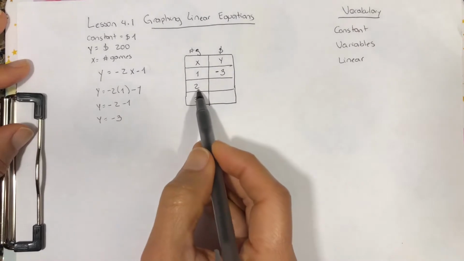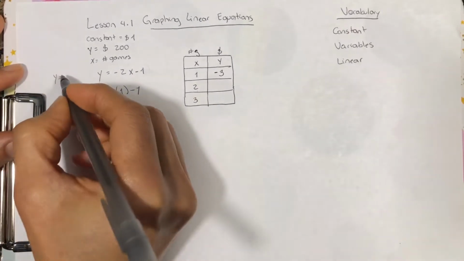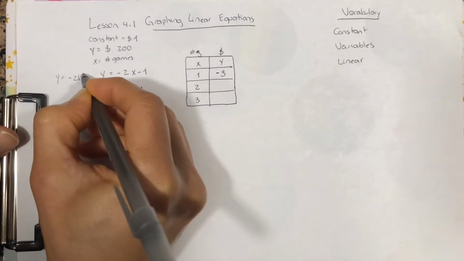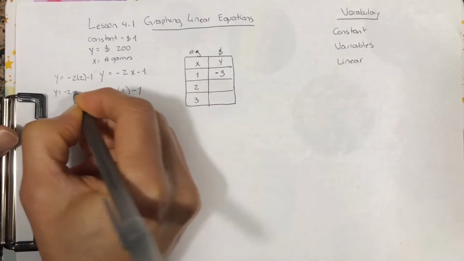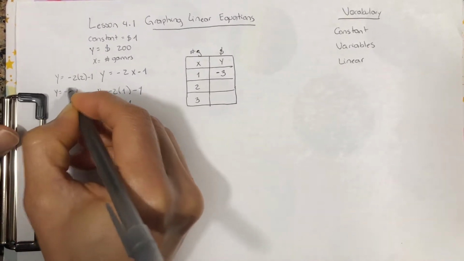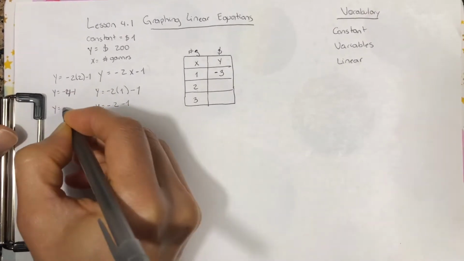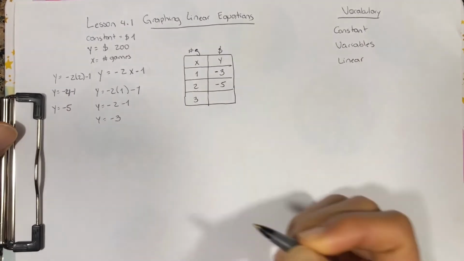How about if I play 2 games? So let's substitute over here. Minus 2 times 2 minus 1. I'm sorry, 2 times 2 is 4. Y is equal to minus 5. I will spend $5 if I play 2 games.